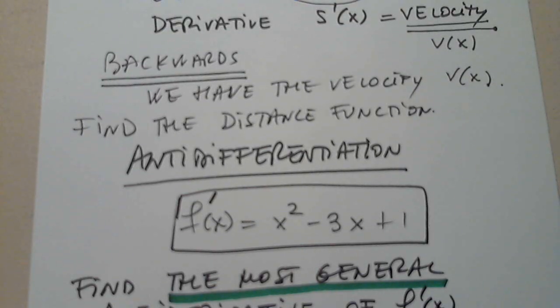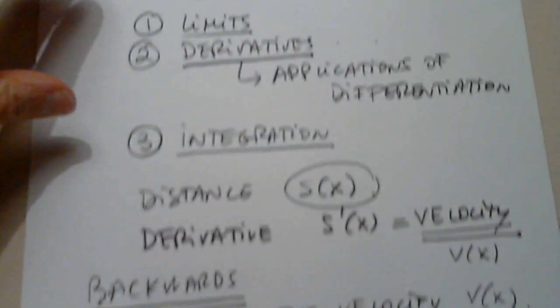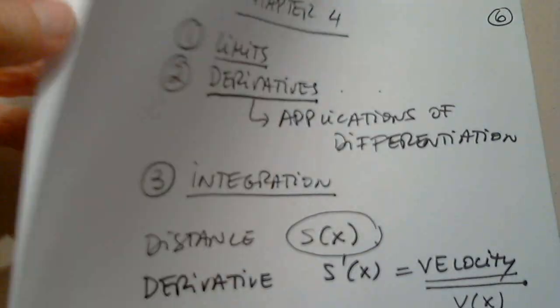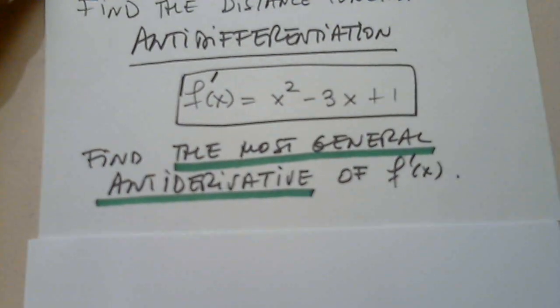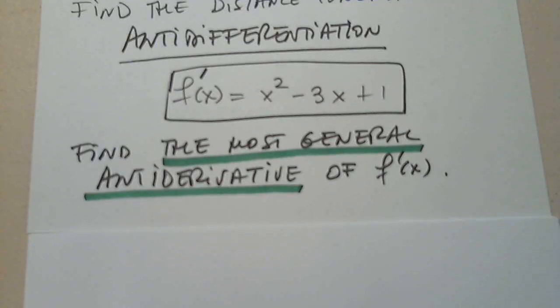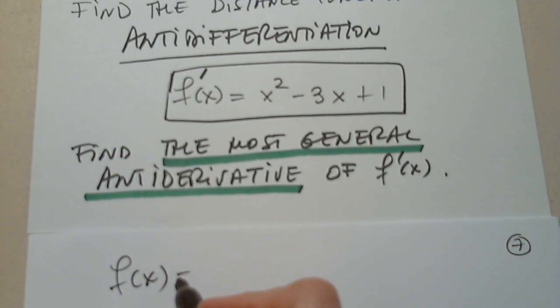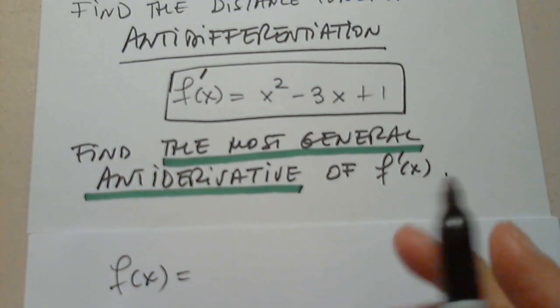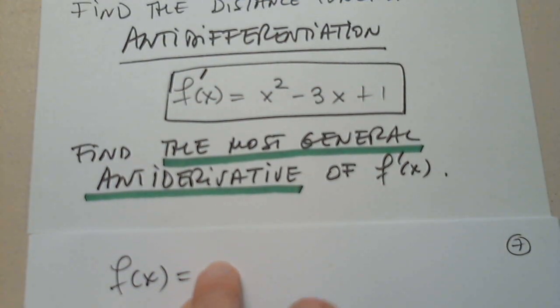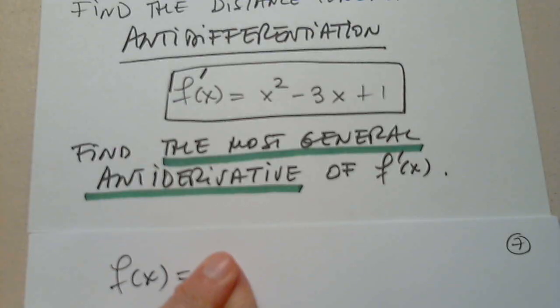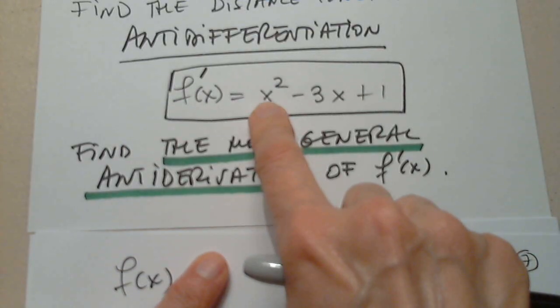Promise. Okay. So I see that this function has 3 terms. So I have to come up with 3 terms, in such a way that when I differentiate the first piece, I get x squared.